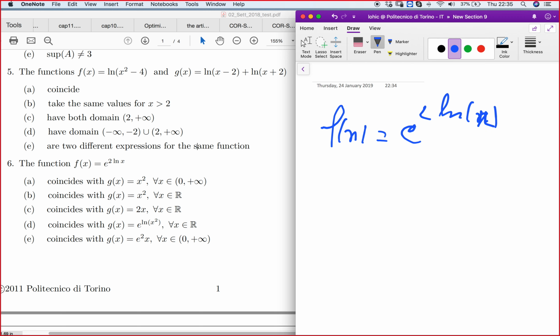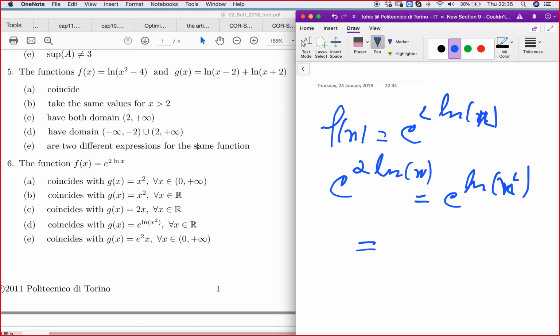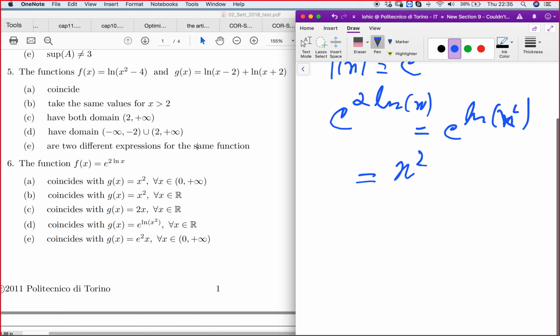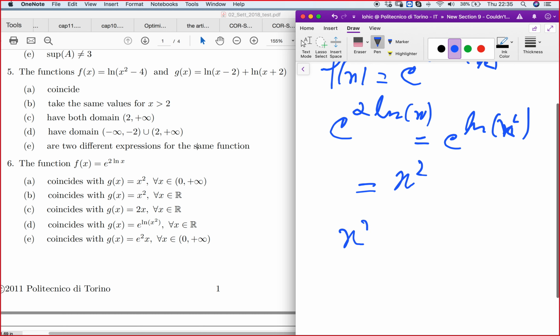Remember that you can always write exponential of 2 ln of x like exponential of ln of x squared, using the property of the logarithm. But exponential of ln of x squared is x squared. So now I think you already understood that we want to talk about x squared and the function exponential of 2 ln of x. First of all, you want to understand when they are equal.